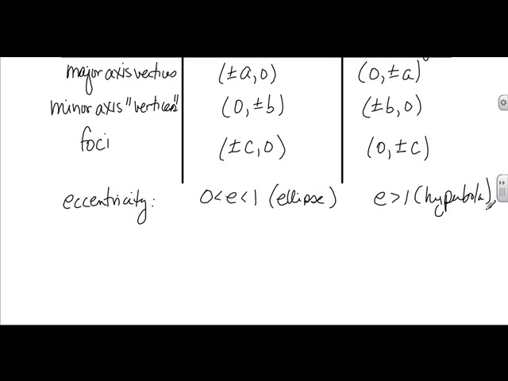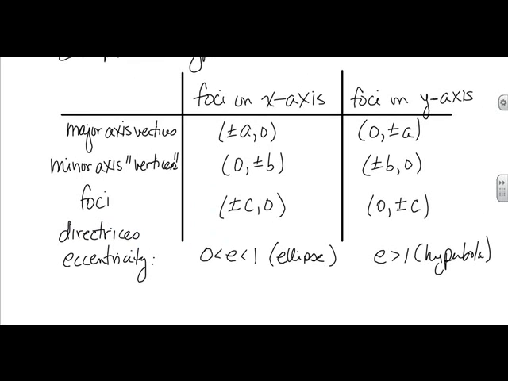I left out directrixes. Directrices? I'm not exactly sure how to pronounce that. The plural form of the word directrix, T-R-I-C-E-S, directrices. If the foci are on the x-axis, then your fixed lines are vertical, and they will be at x equal to plus or minus d.